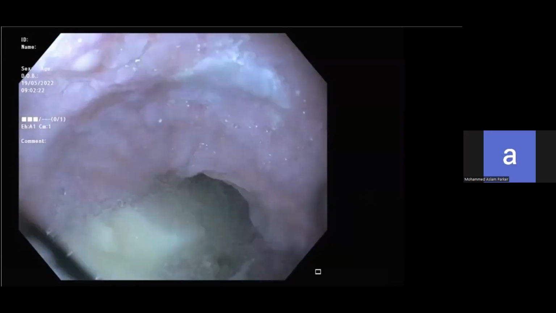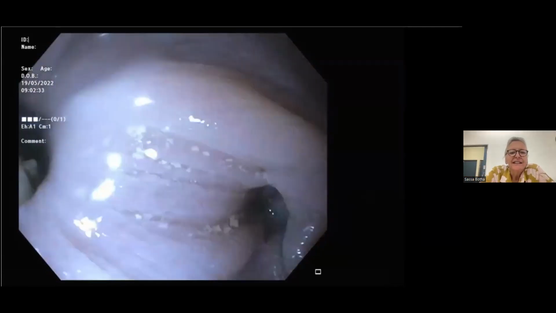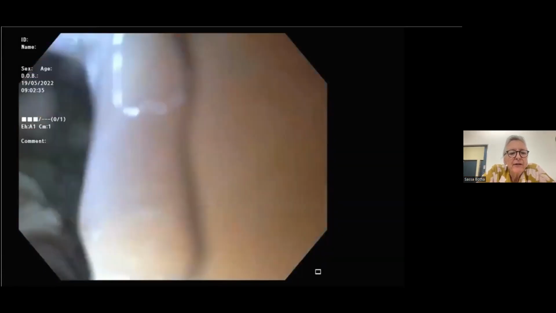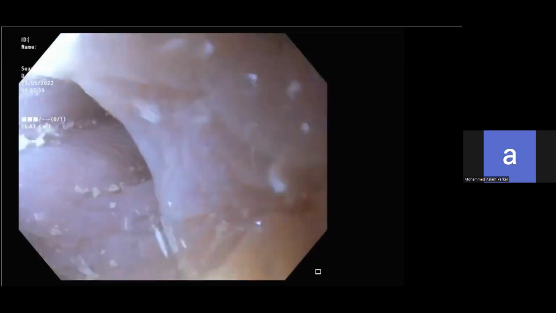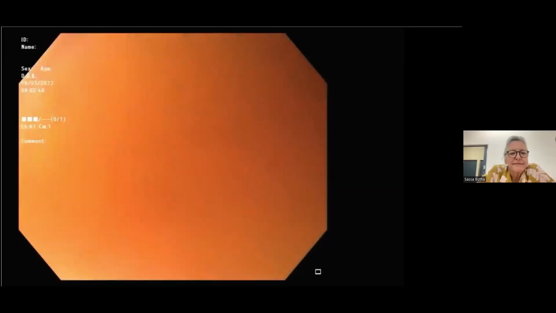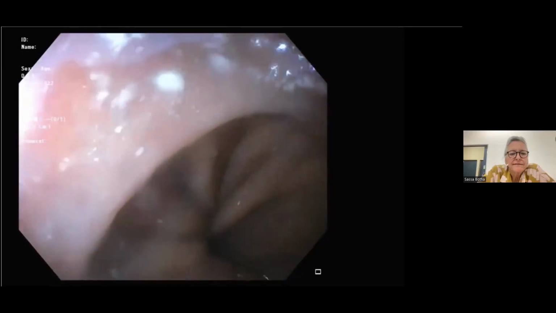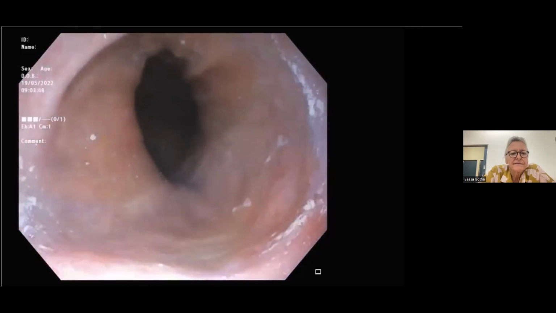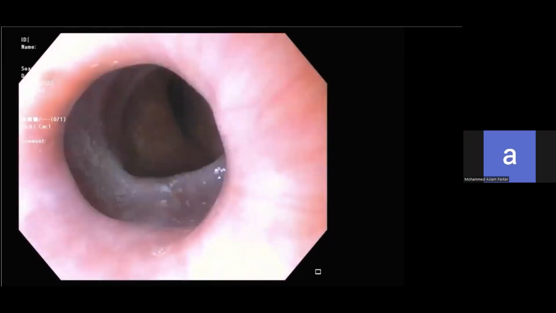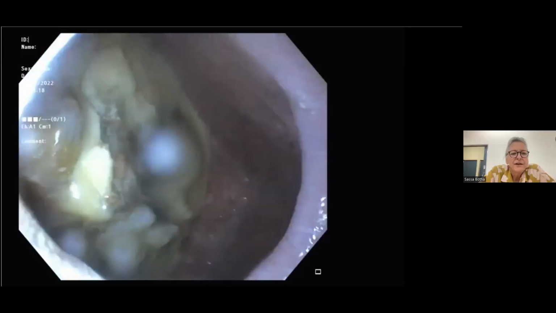This was a very large diverticulum, one of Matt's patients. Can you see the two openings? Yeah. So you can clearly see the two openings.